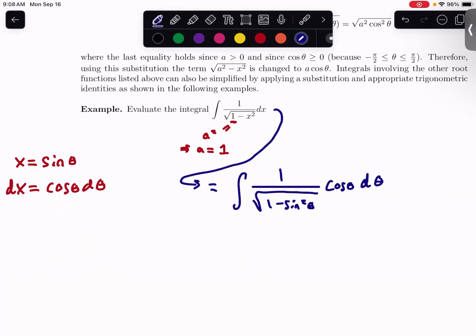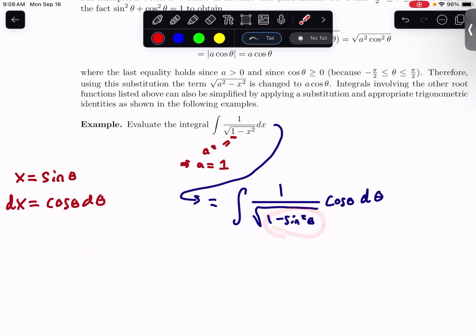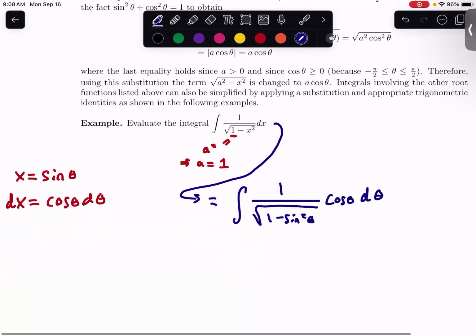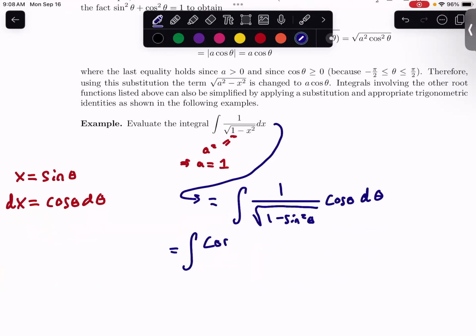Okay, and so the reason why we make this substitution is 1 minus sine squared theta is equal to cosine squared theta by this Pythagorean identity that was written here, just solving for cosine squared. And so this is really going to be equal to the integral of cosine theta over the square root of cosine squared theta d theta.